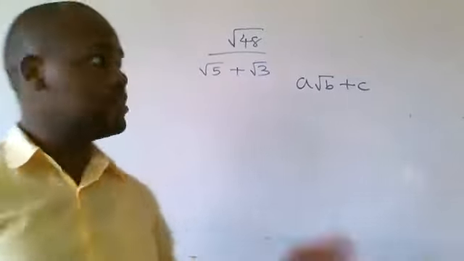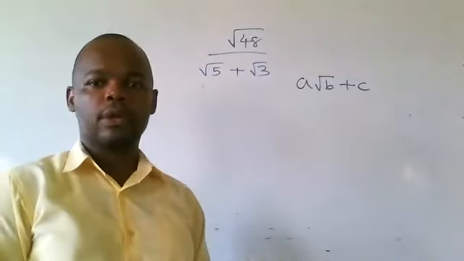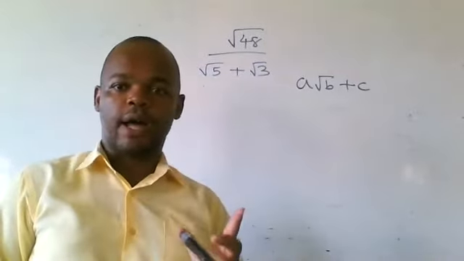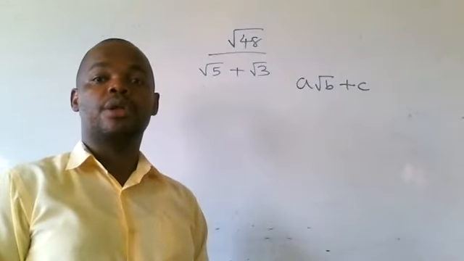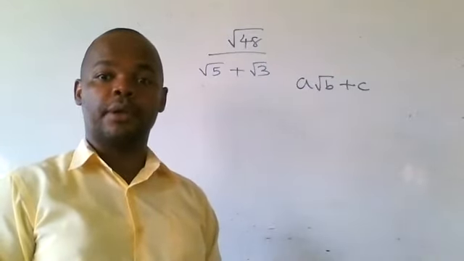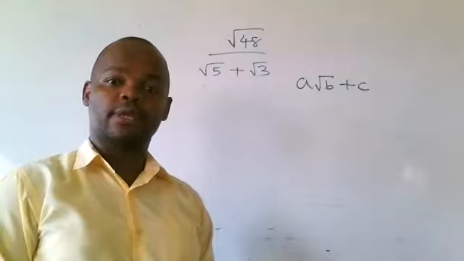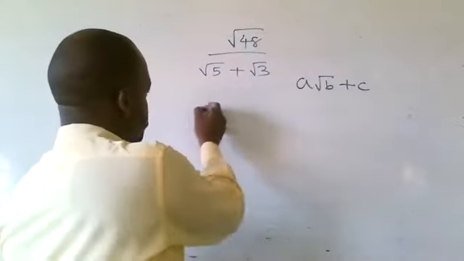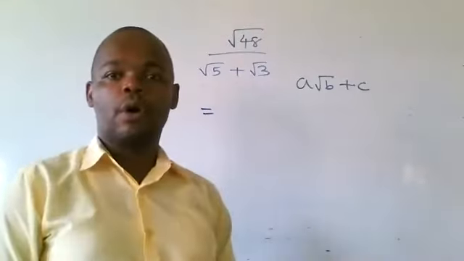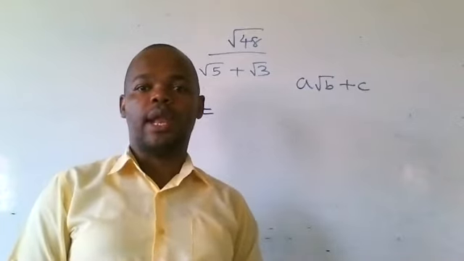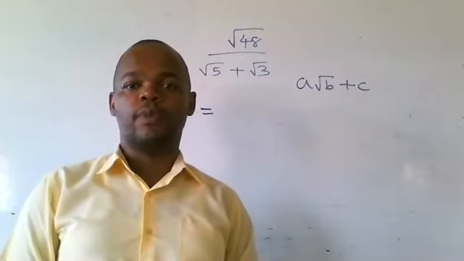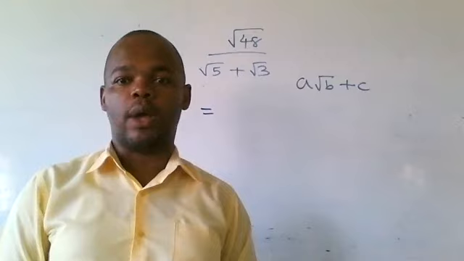So if I look at this question, I need to sort out something first. You realize that the numerator is not simplified. So what we do is we ask ourselves, what is the largest divisor of 48 which is a perfect square?